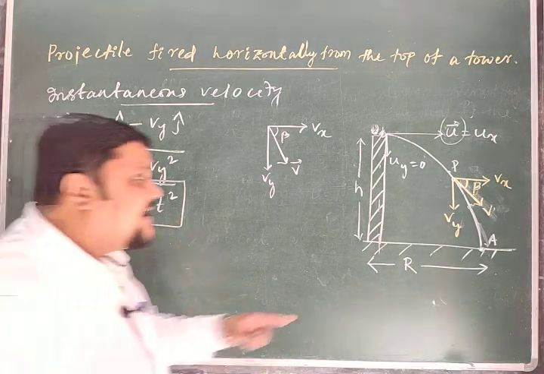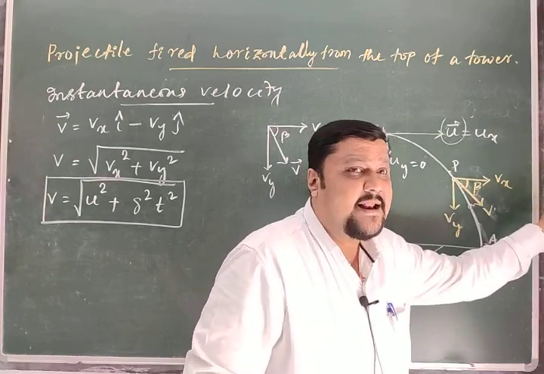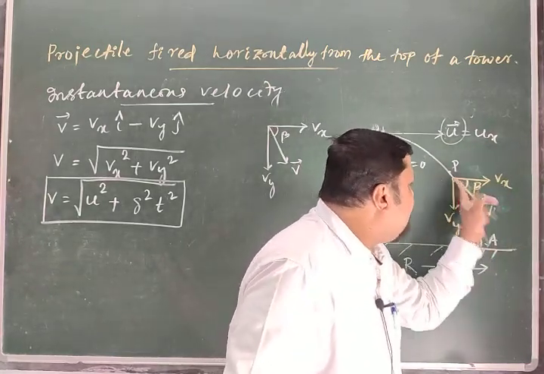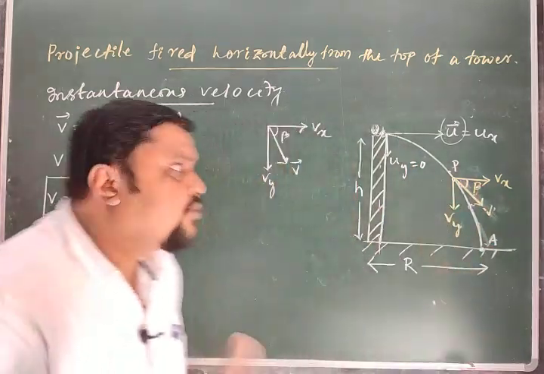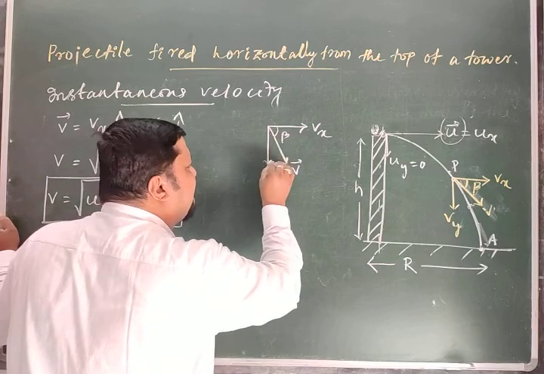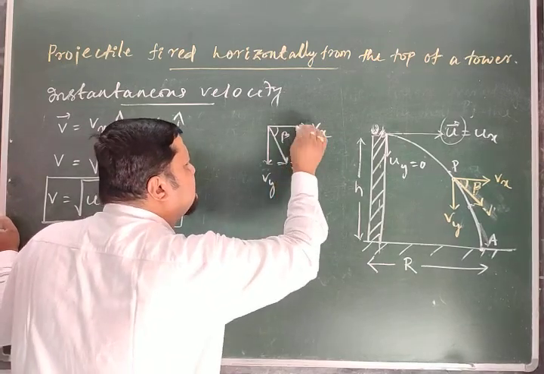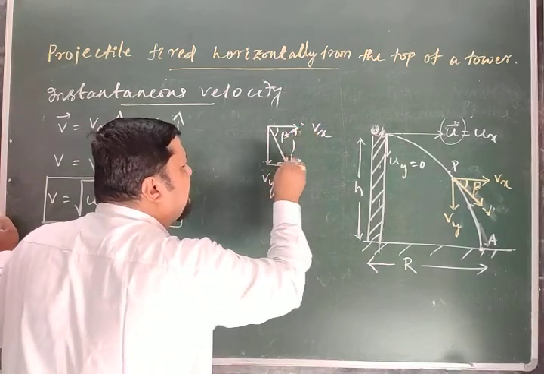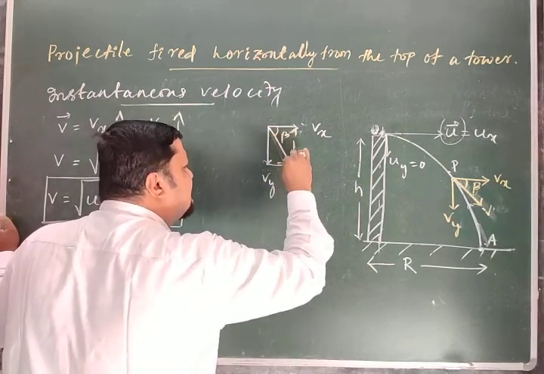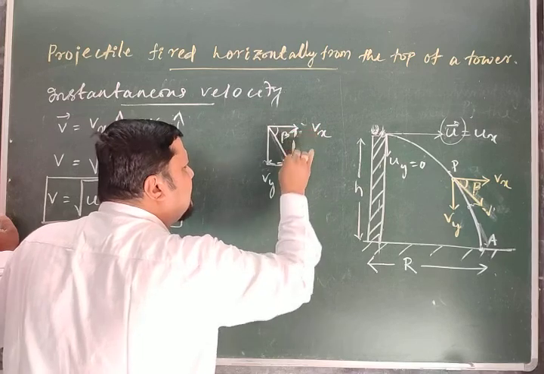Then what is the angle it makes with the horizontal? vx, or u, is horizontal, along the ground. So what angle does it make? That is beta. To know this beta, as you already know from the parallelogram law of vectors, if you complete the parallelogram, this is v.